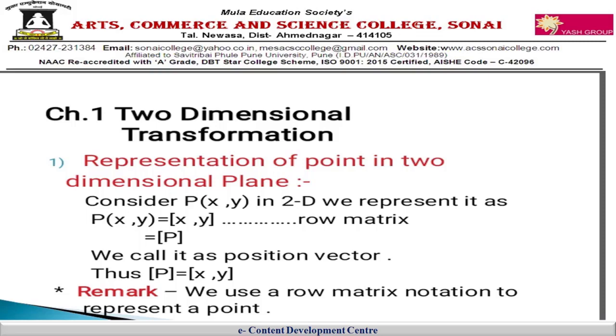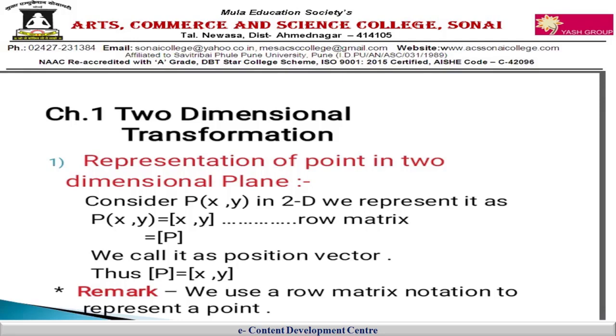We call it a position vector. Thus, the position vector P is equal to [x y], so any arbitrary point P can be represented in the two-dimensional plane in the form of a position vector.